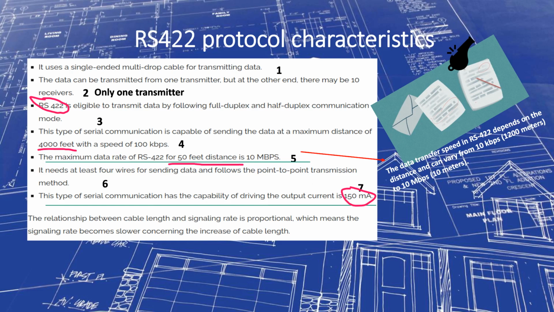So if a cable is very long, the signal rate of data transmission becomes slower and slower. The shorter the cable, the faster the transmission of data for RS422.